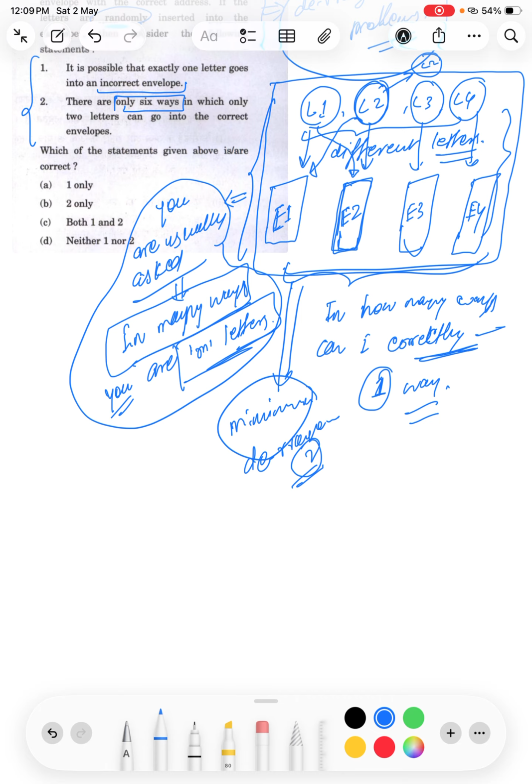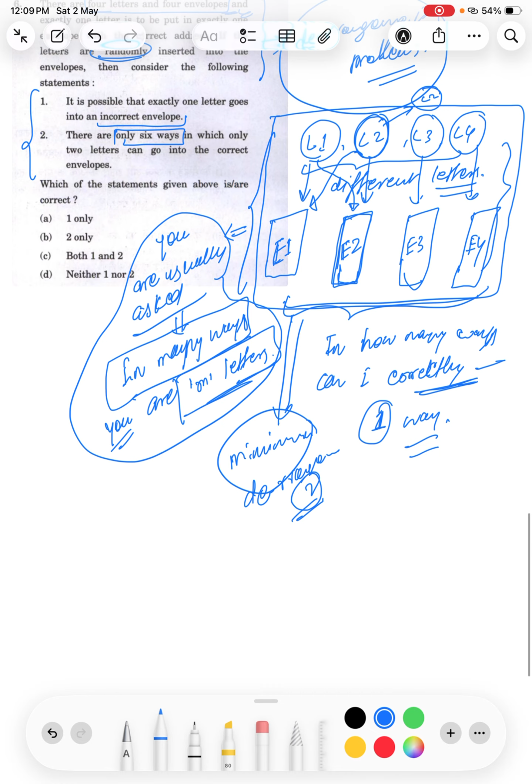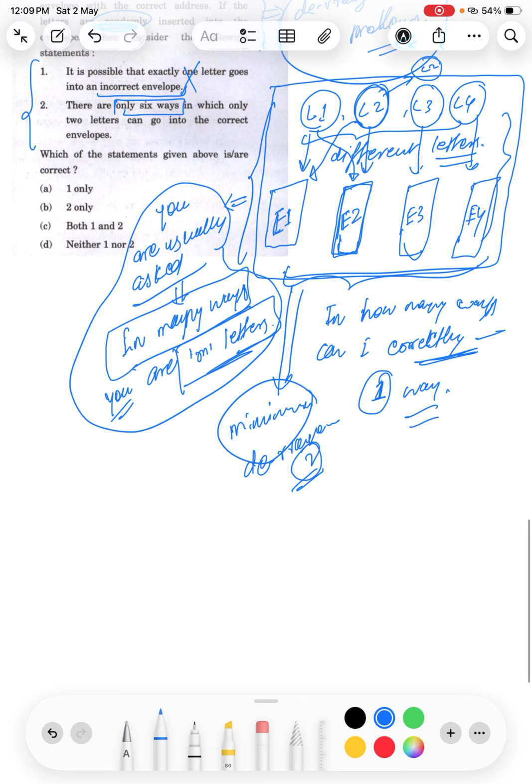Because the letter which you are picking up first to put in a wrong envelope, the letter of the second envelope in which you put the first letter has to find some other envelope, because it cannot go to the same envelope. Hence the second envelope's letter will also go to a wrong envelope. Hence it is 2. You cannot have exactly one letter in a wrong envelope. You will always have at least 2 letters in wrong envelopes. So the first statement is wrong, right?